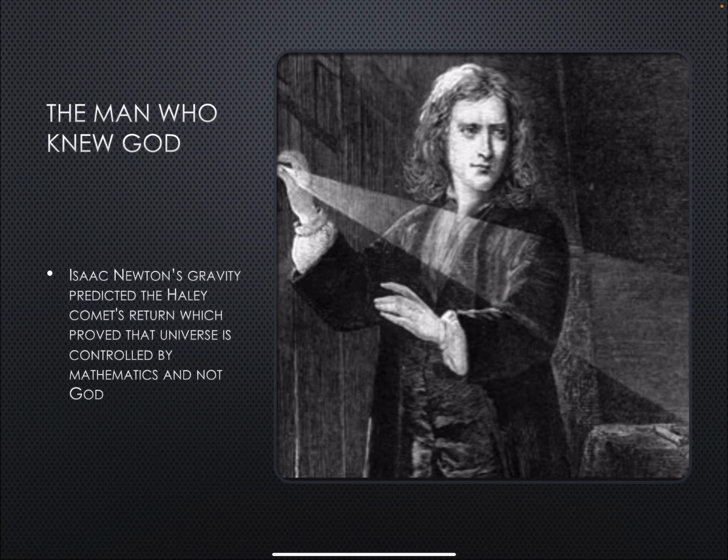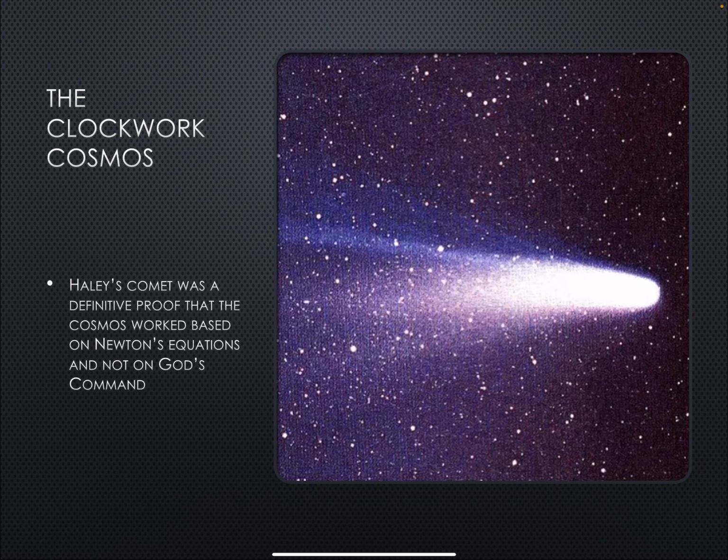In fact, Halley, in the early 1700s, proved Newton's theory by predicting the exact time and place at which Halley's comet would arrive. So the cosmos is not operating by the command of the gods, but rather by equations that a human can predict.